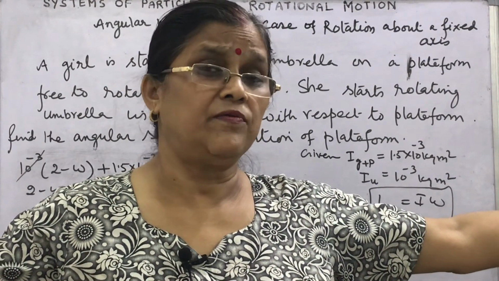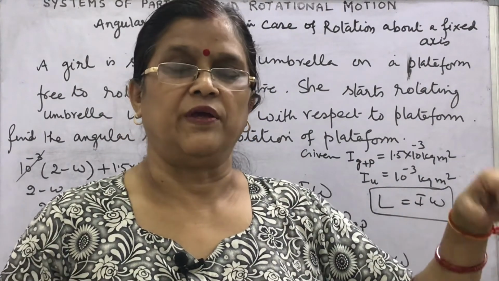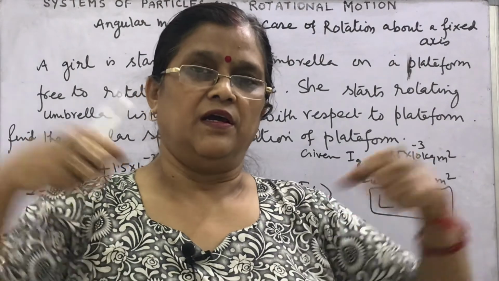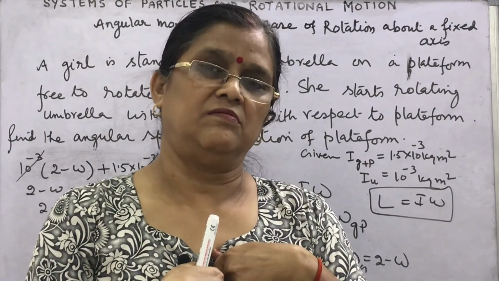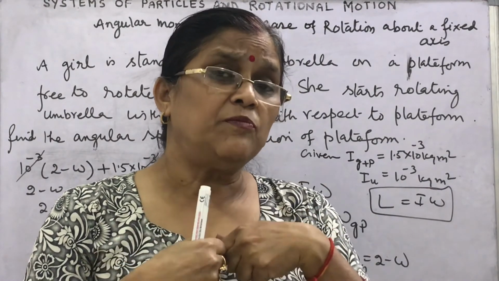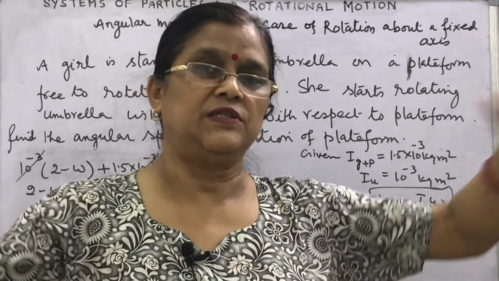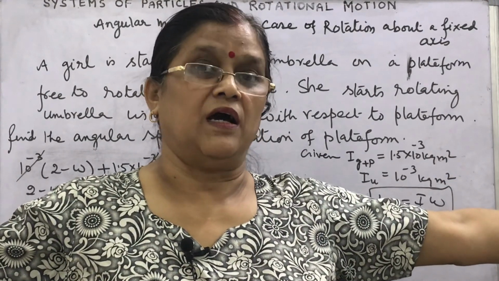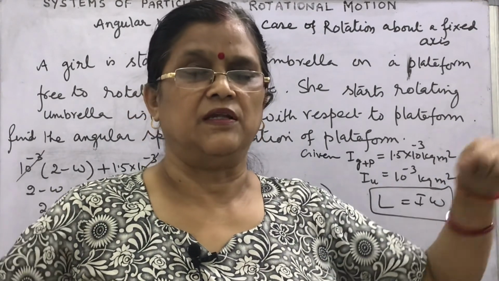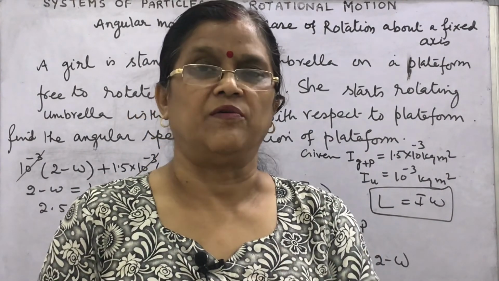What will happen to I? I will increase. If I increases, then omega decreases. If he again does like this, that means he makes the moment of inertia less, omega will be more. If he stretches his hands, I will be more, then omega will be less. All the examples are based on the conservation of angular momentum.